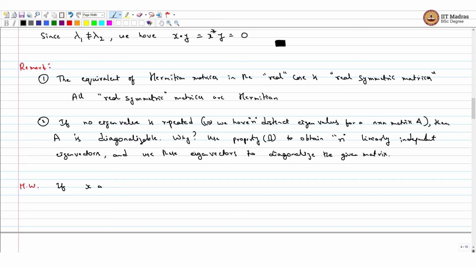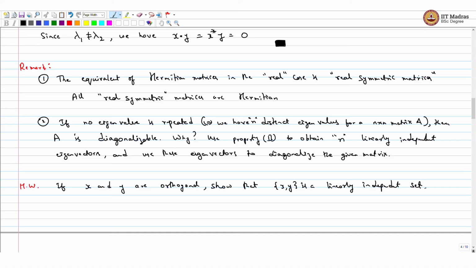If x and y are orthogonal, show that x and y is a linearly independent set. It's a fairly straightforward thing to do. I can give you an oral hint.